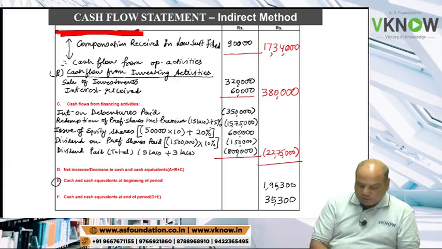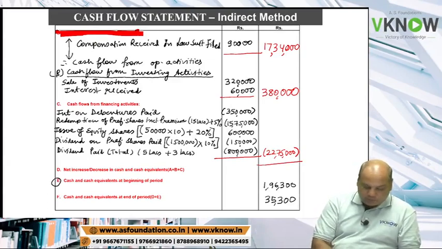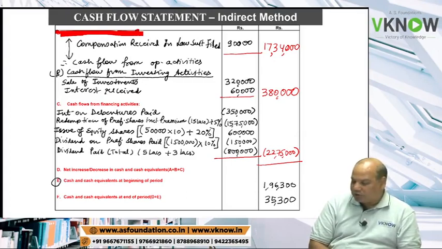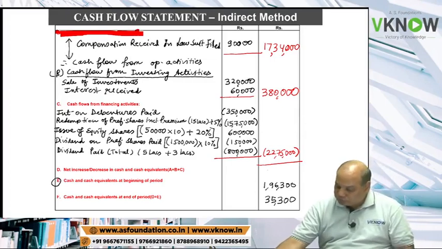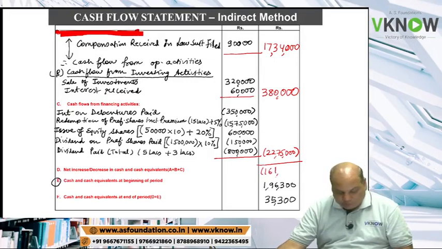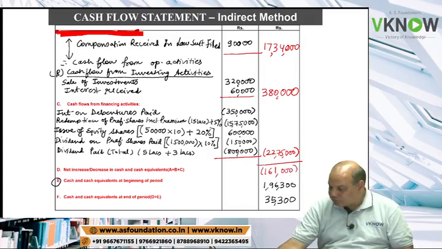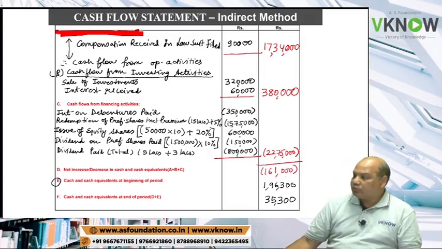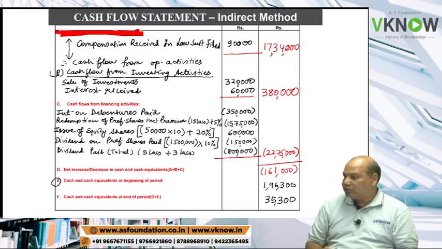So dear student, please reply what is the net increase or decrease in cash and cash equivalent. So there is a decrease of 161,000. Come on, everybody, please reply.